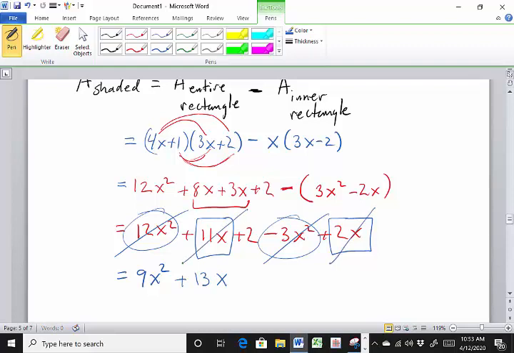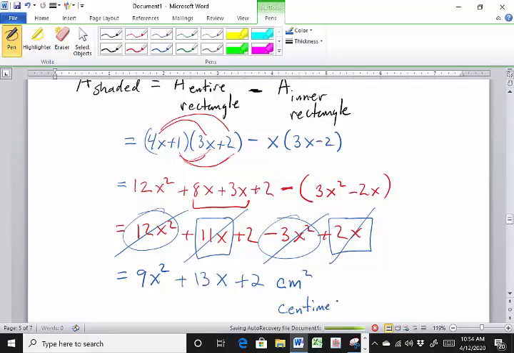Okay, cancel those out, and then what we have left is just the plus 2. And since this is in dimensions of centimeters, when you're dealing with area, you're going to have an area dimension, so centimeters squared. Okay? Or you could write out centimeters squared.